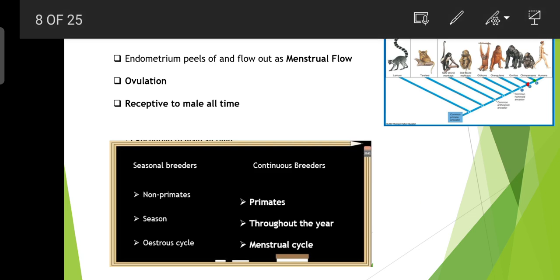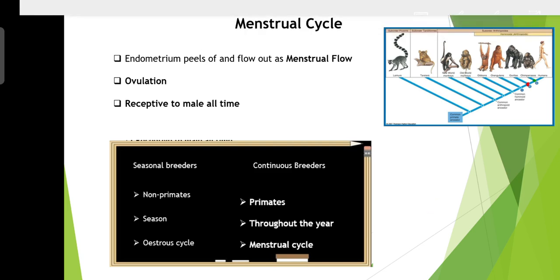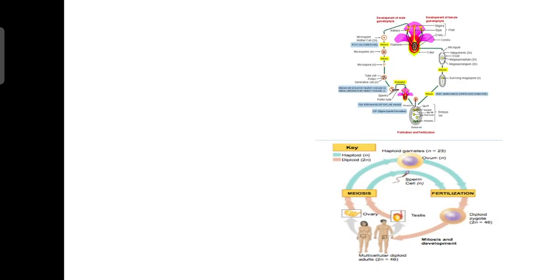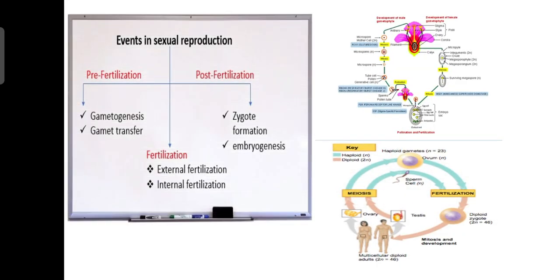Now, we are coming to the end of this chapter. The last topic in this chapter is the events in sexual reproduction. There are 3 events here: pre-fertilization events, fertilization events, and post-fertilization events.